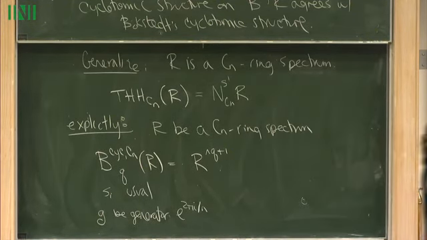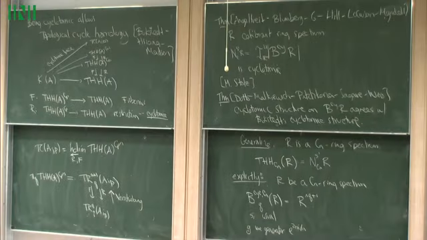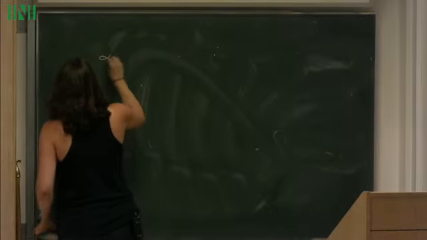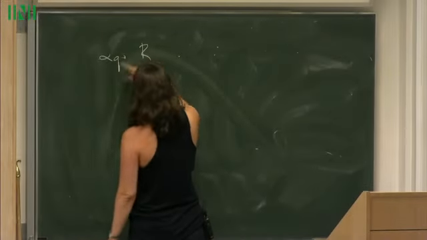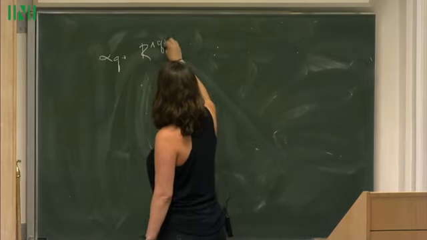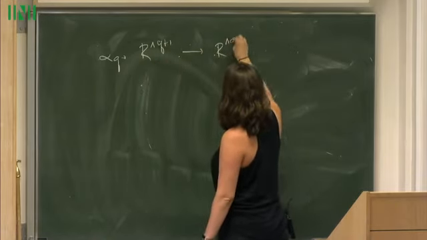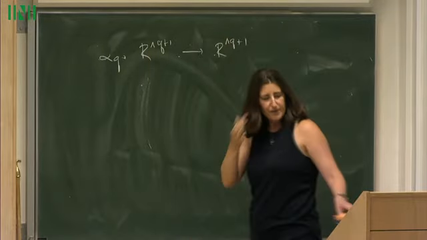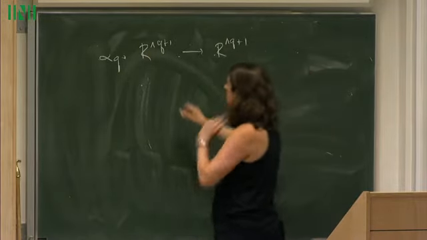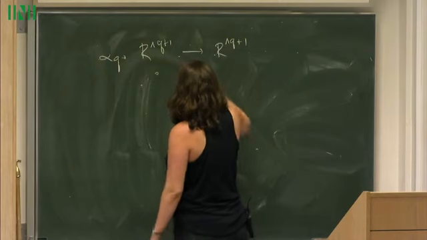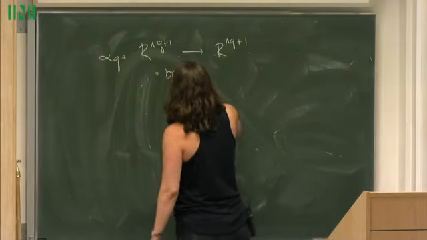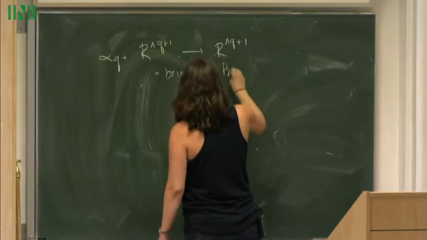And I'm going to define a map alpha sub q on the qth simplicial level, so from q plus 1 smash powers of R to q plus 1 smash powers of R. And alpha q does two things. The first thing it does is bring the last factor to the front.